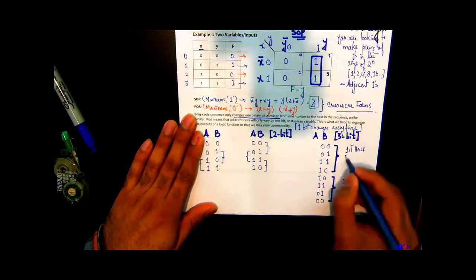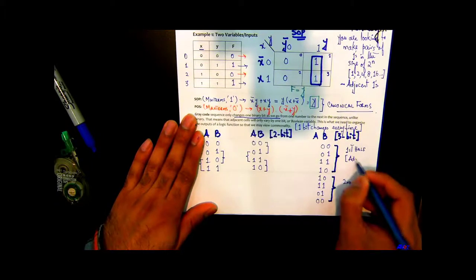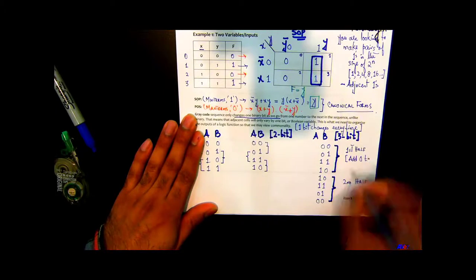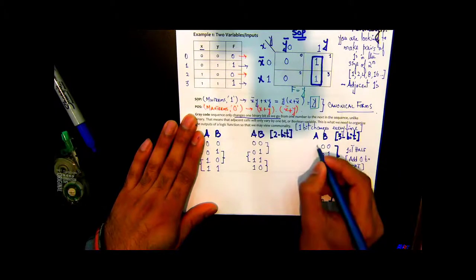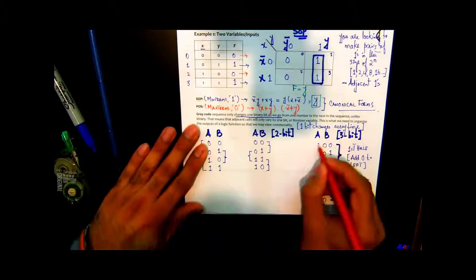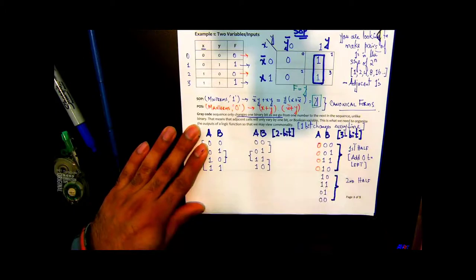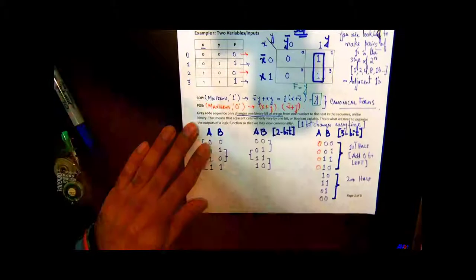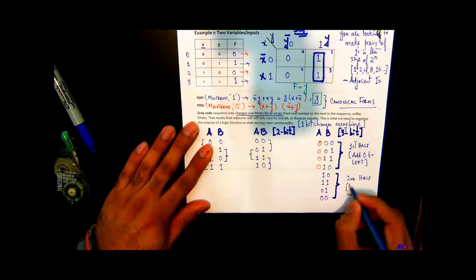To the first half, we are going to add 0 to the left. And to the second half, we are going to add 1.